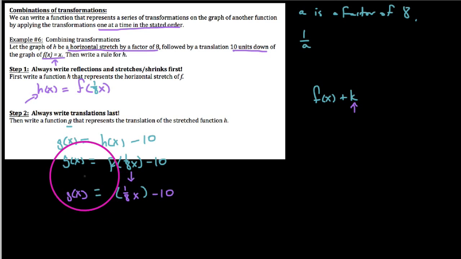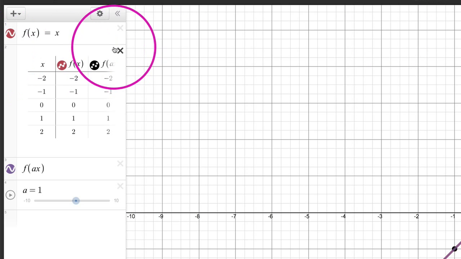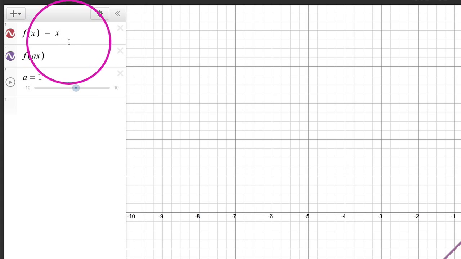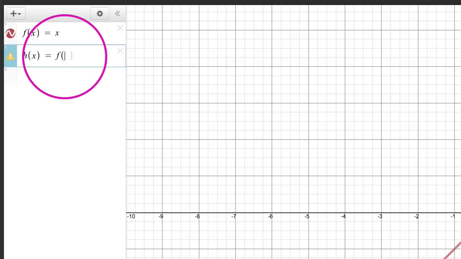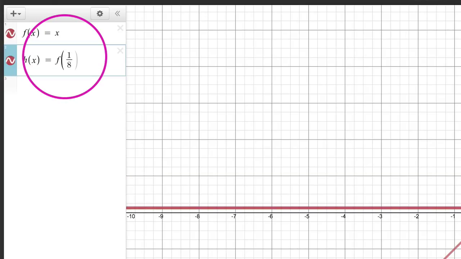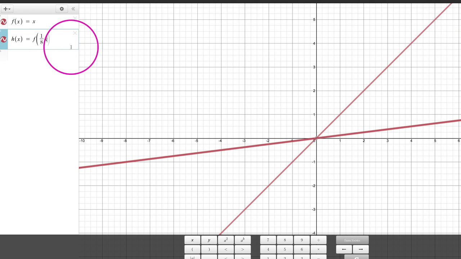Just to explore this, let's hop over to our Desmos graphing calculator. I've already got f of x equals x in here. Now I've got an h of x, and h of x was equal to f of 1/8 times x. You notice that h of x is a horizontal stretch by a factor of 8.